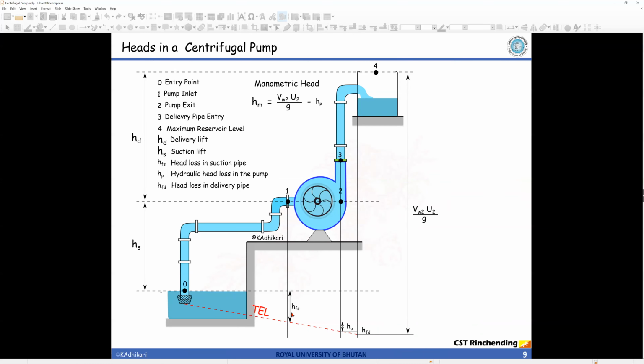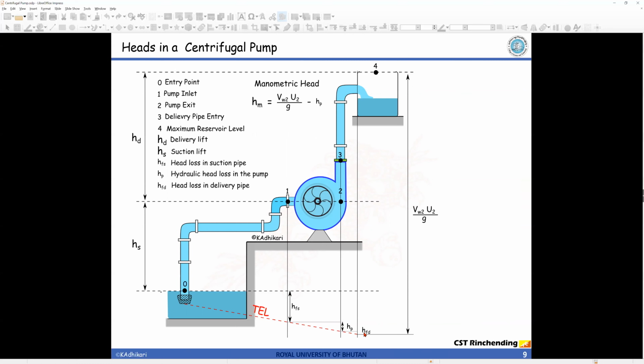Now this much energy is lost as frictional loss between point 0 and 1, which is the suction pipe. That much energy is lost, HFS, the frictional loss in the suction pipe. Similarly, HP is the hydraulic losses within the pump, and usually the hydraulic losses within the pump are expressed in terms of the efficiency of our pump.